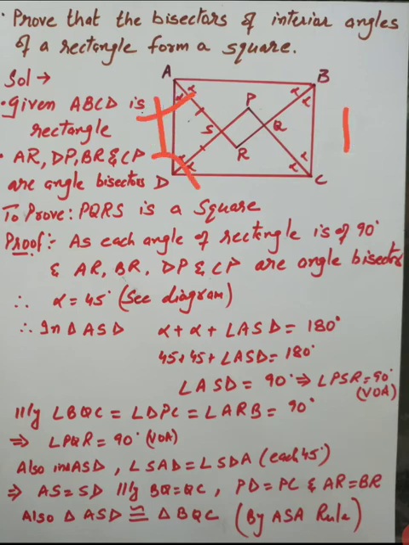This is alpha, this is alpha, this is alpha, this is alpha. So by the angle side angle rule, the two triangles become congruent, right? So the triangles are congruent, so AS is equal to BQ and DS is equal to QC, right?